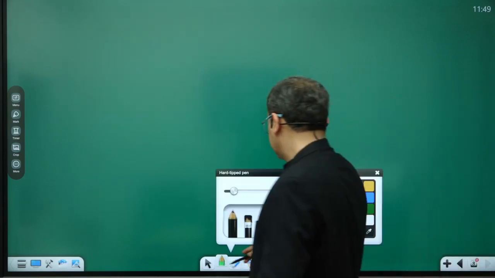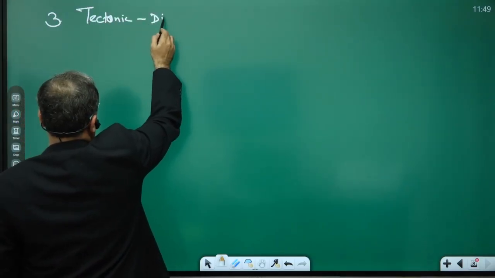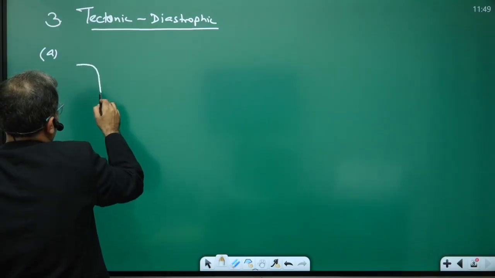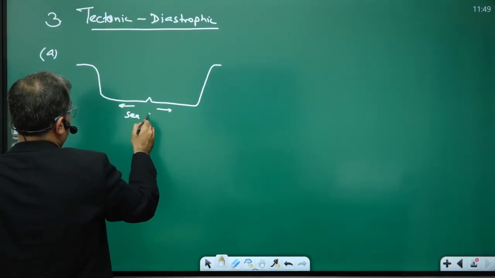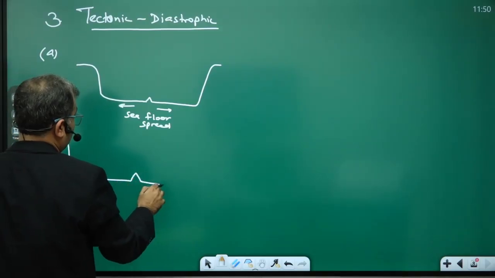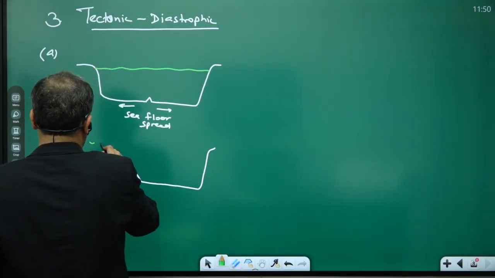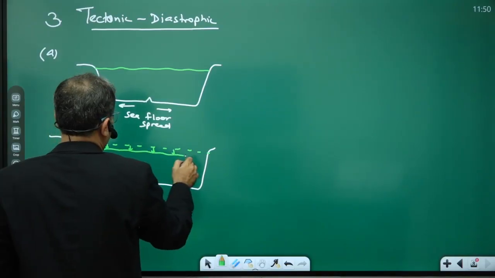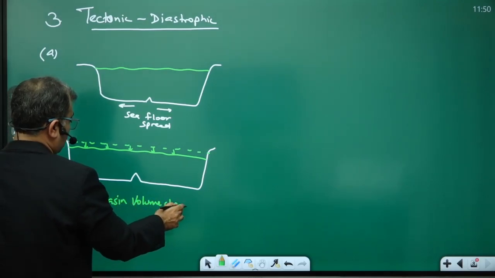Third one. A. Basin volume change. True.